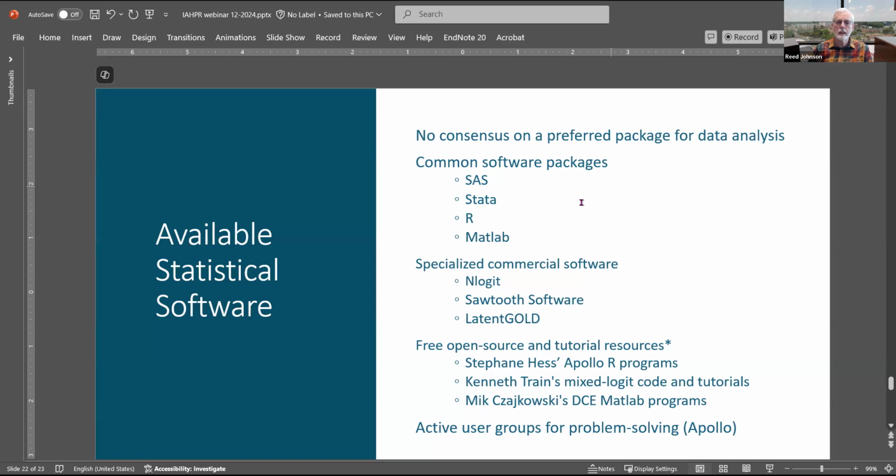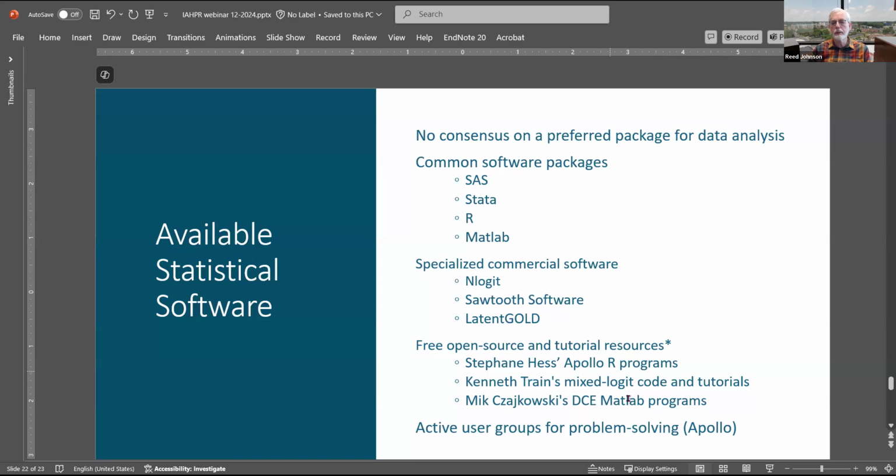If you work with MATLAB at all, there is a program by a Polish economist, Mik Czajkowski. I really like Mik's programs. Once you set up the basic data and define all your variables, it will just go ahead and run 6 or 7 different specifications without doing any additional setup.